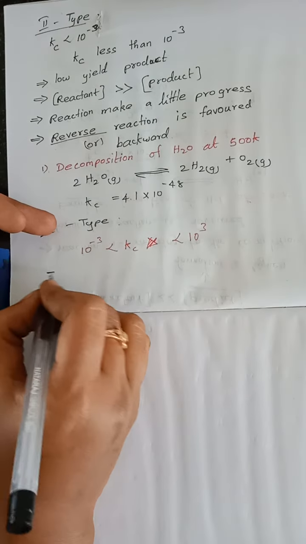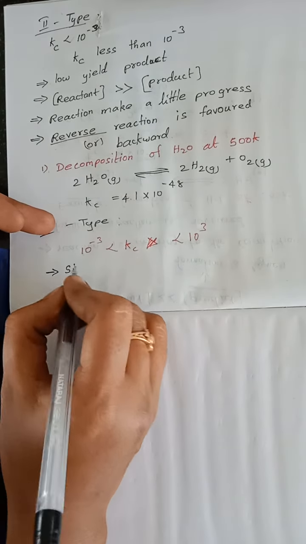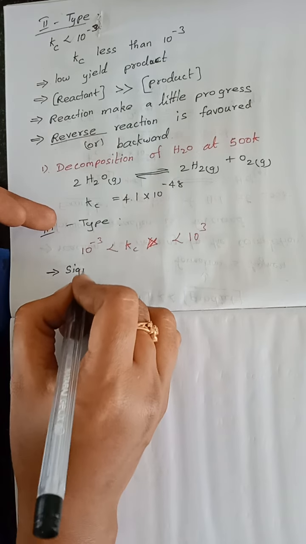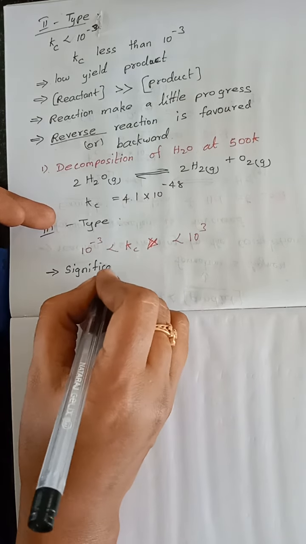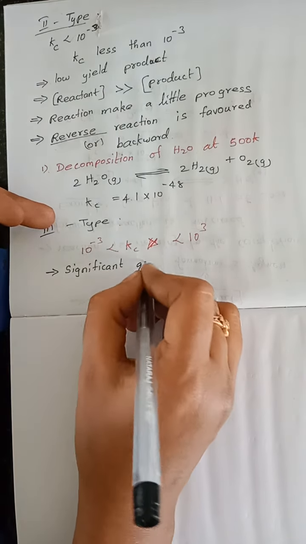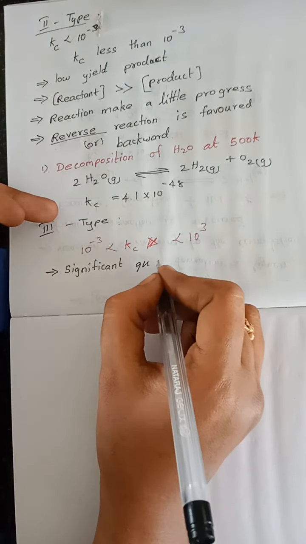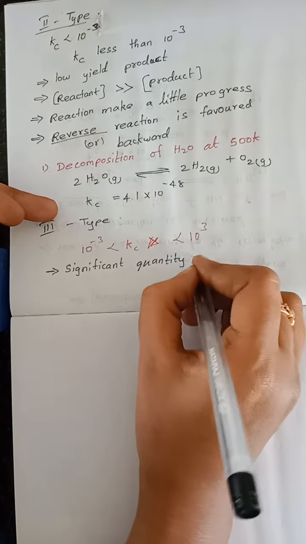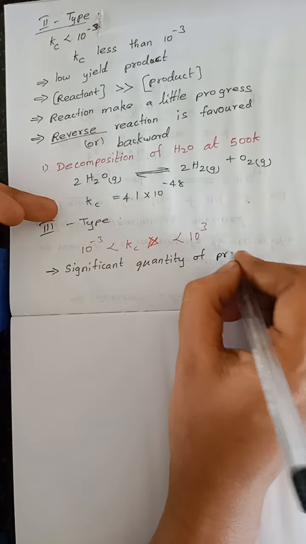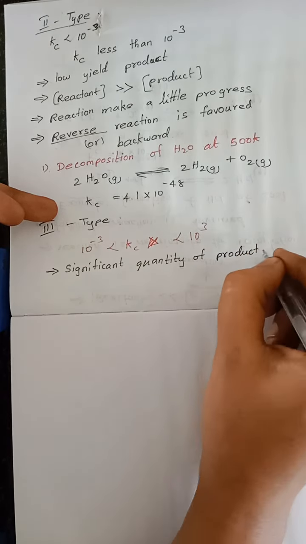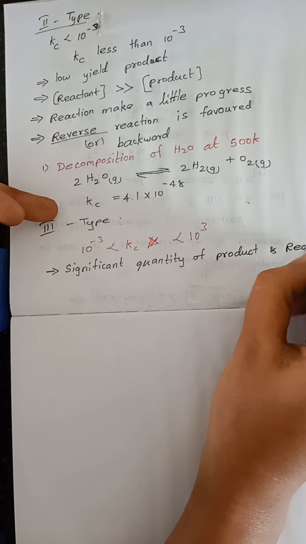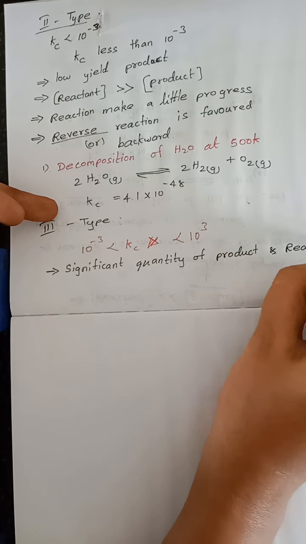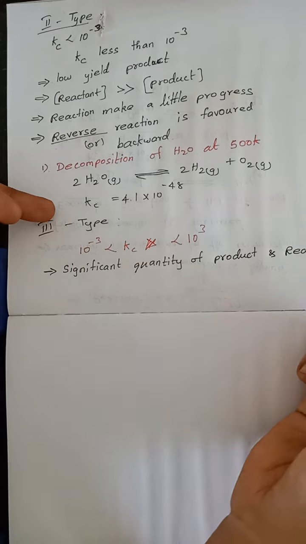So what is the first point? The significant quantity, so the extent of the reaction, of product and reactant.